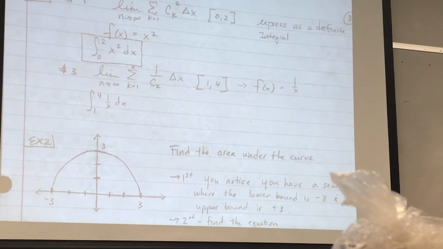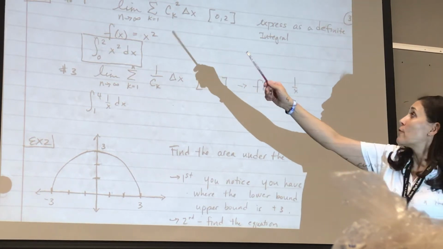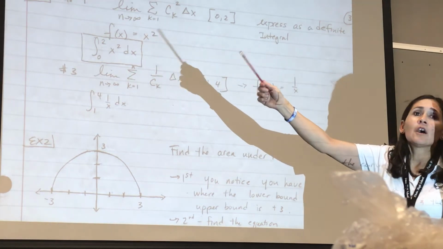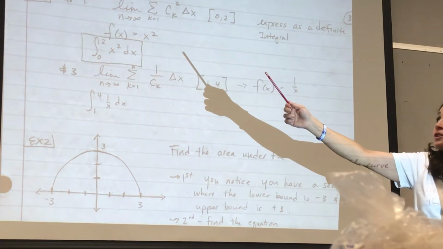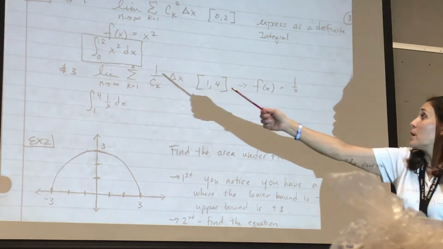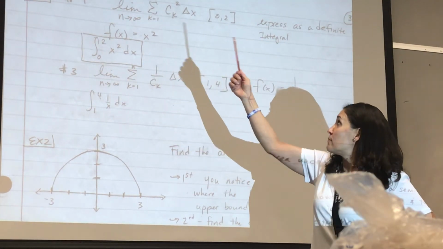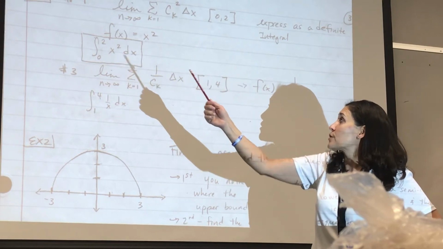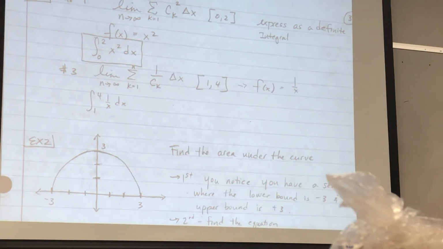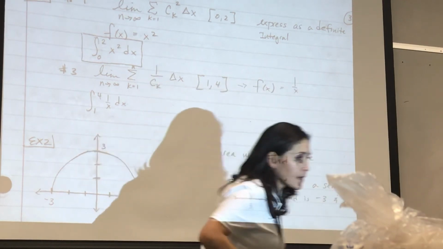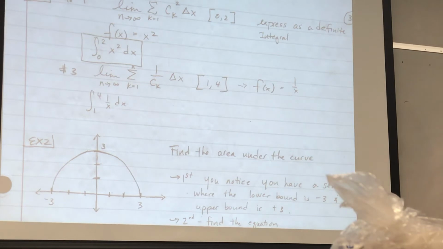So for number 1, all we're going to do is convert from our limit notation, our sigma notation, summation notation, to integral notation. That's all we're going to do. We're going to convert this equation here to integral notation, okay? So we're going to express it as a definite integral. We have this c sub k, let me lower it just a little bit.